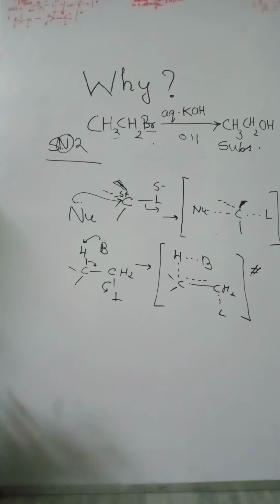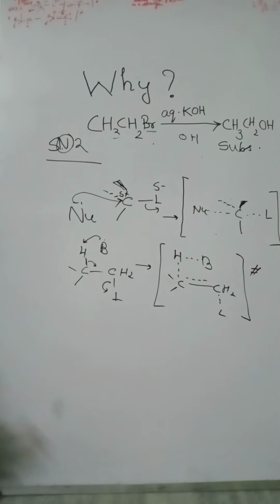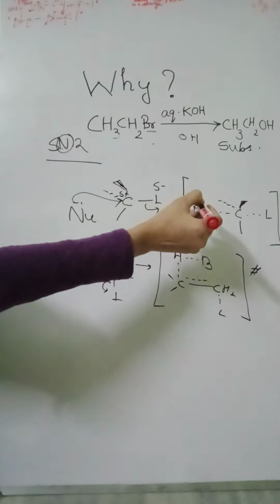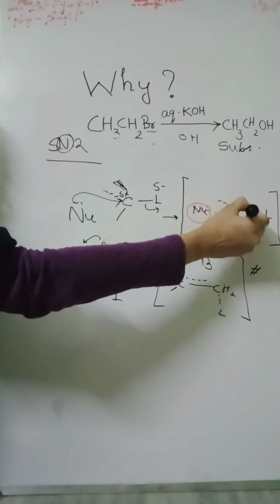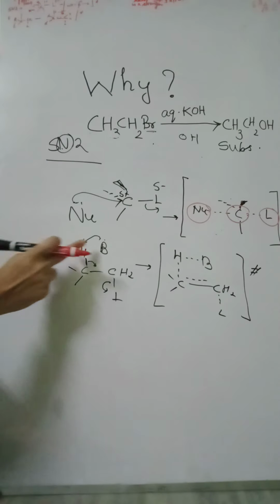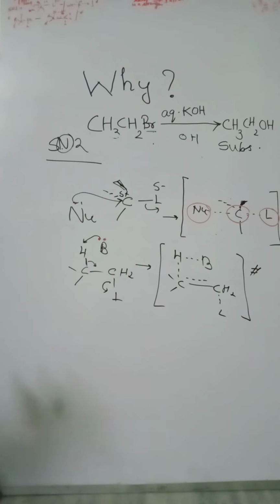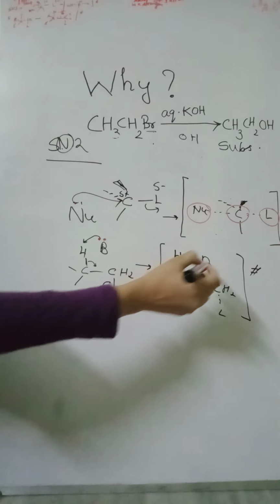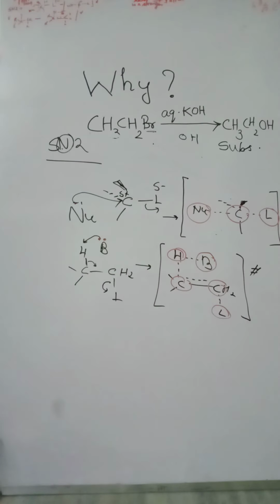Just take a look at the transition state. The two electrons coming from the nucleophile, in rough language we can say these two electrons are getting distributed between three centers. What are those three centers? The nucleophile, the carbon atom and the leaving group. In this case, these two electrons of the base molecule are getting distributed over 5 centers: base, hydrogen, carbon, carbon, leaving group.